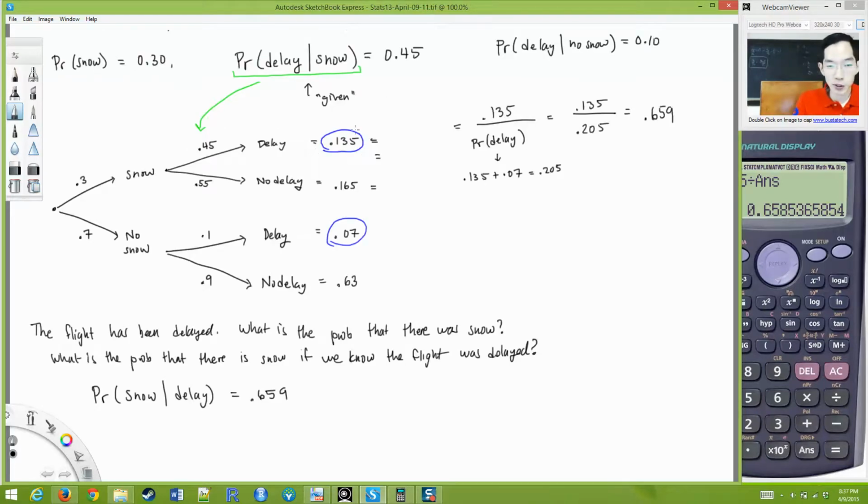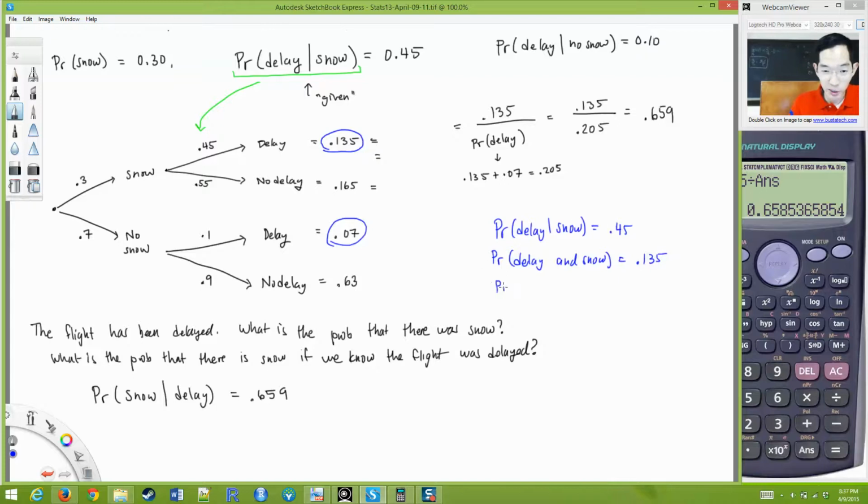Let me just try to distinguish what all of these answers are. We have probability of delay given snow is equal to 0.45. That's right here. And then I have probability of delay and snow, that is 0.135.